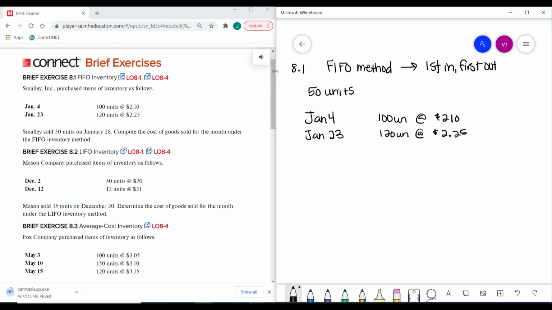So under FIFO, we're assuming we're pulling from the oldest cost layer first. We're working our way from the top down. So if we sold 50 units, there's enough units in this first cost layer to cover all 50 units, right? So we're going to assume that those 50 units we sold are coming from this batch of January 4th, this cost layer. So each of those we're assuming are the ones that cost $2.10 each to acquire.